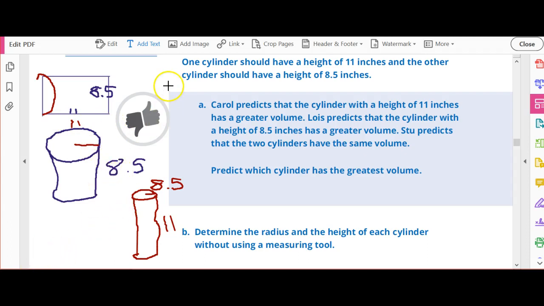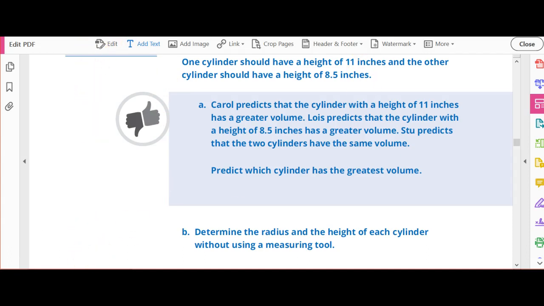Now I'm going to let you do this on your calculator yourself. Let me take this off, and I'm just going to type out what you'll need to put into your calculator. So pretty much you're going to say 2 times pi times r equals 11, and then solve that for r.